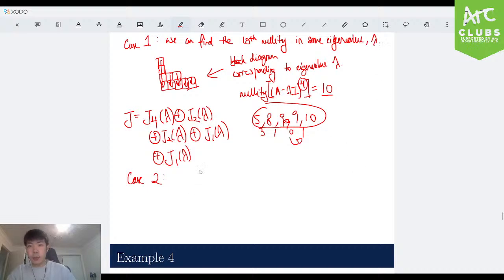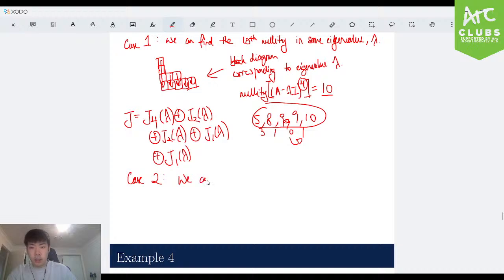So in case 2, let's suppose that we can't achieve the 10th nullity in lambda, right? Which means that there must exist some other eigenvalue, let's call it mu.